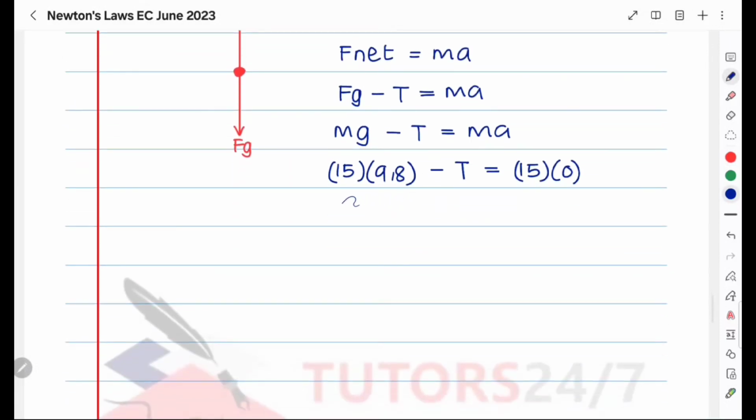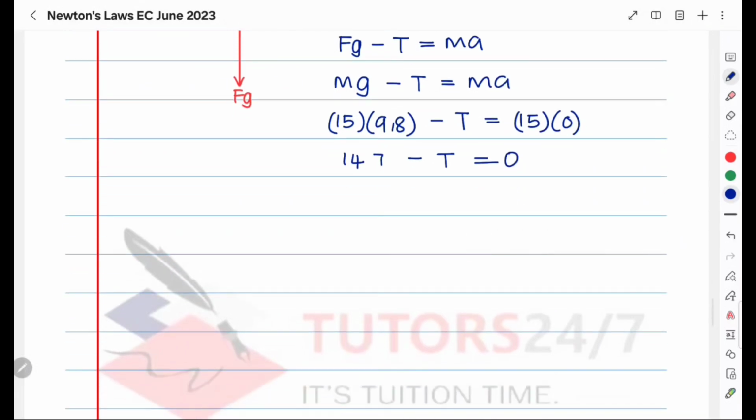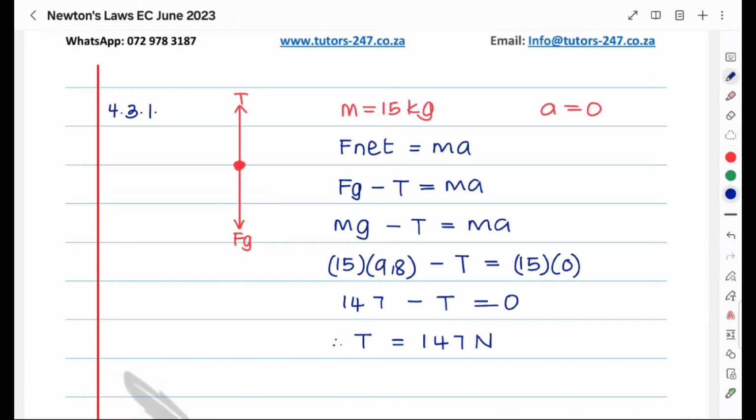From here, we have 15 times 9.8, that is 147, minus tension is equal to 0. We can move tension to the other side to make it positive, and we therefore have tension as equal to 147 newtons. All we needed to do was use our F net equals ma formula, substitute the forces acting on the 15 kg block, and then solve for tension.